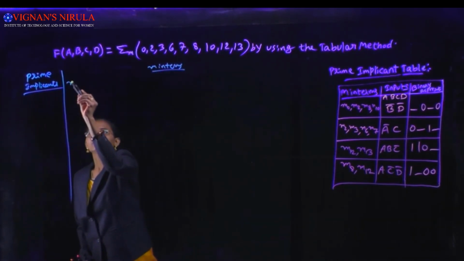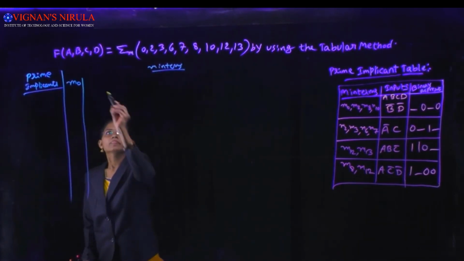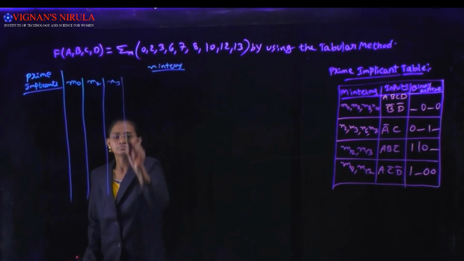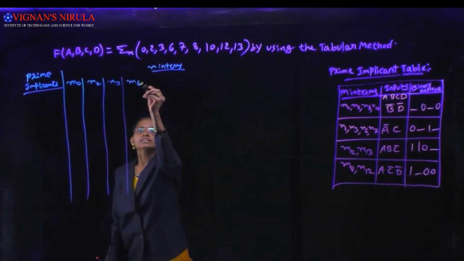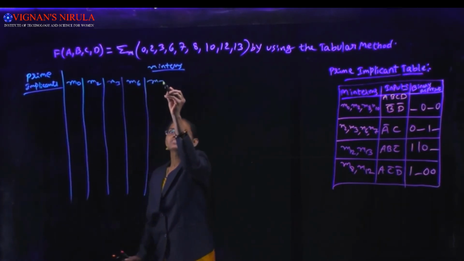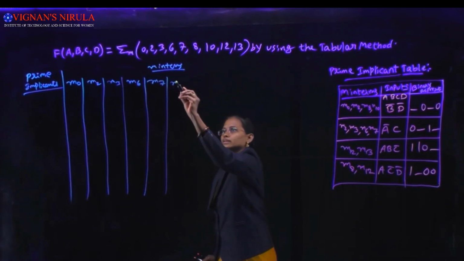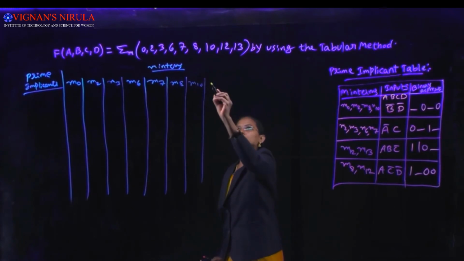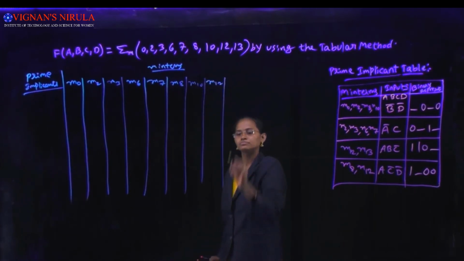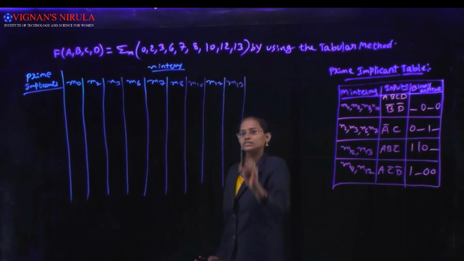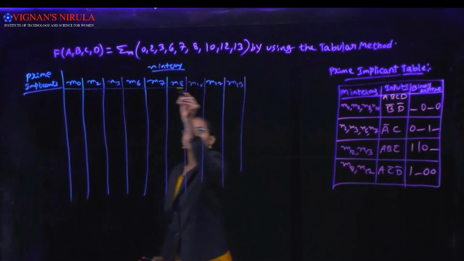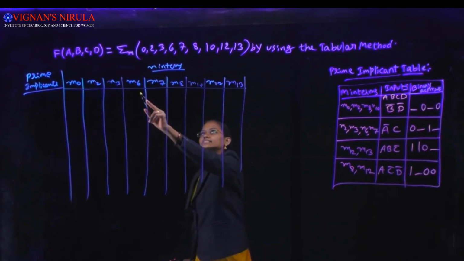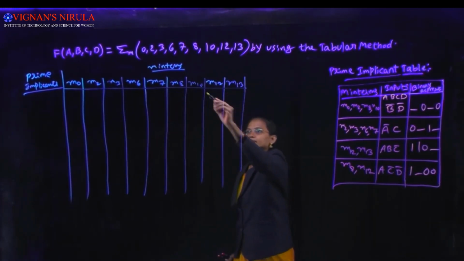It is M0, next M2, next M3, M6, M7, M8, M10, M12 and M13. These are the given min terms: M0, M2, 3, 6, 7, 8, 10, 12, 13.